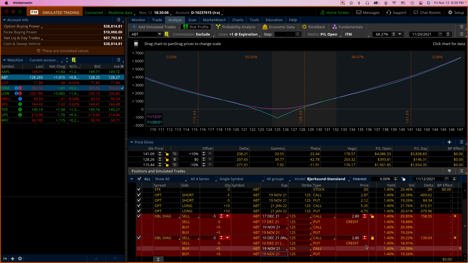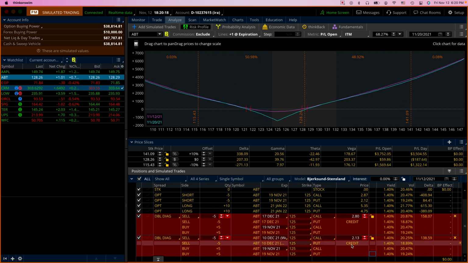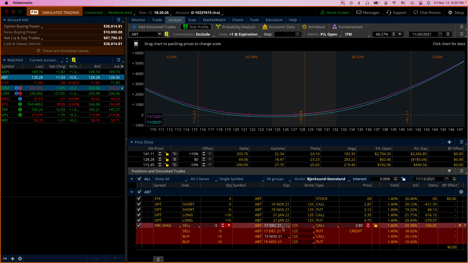Look at the short side. 2019 is a little higher here. No, it's about the same in either way. And I see that the December 19 is a little less. Okay, let's do the 17. I think that's pretty okay.